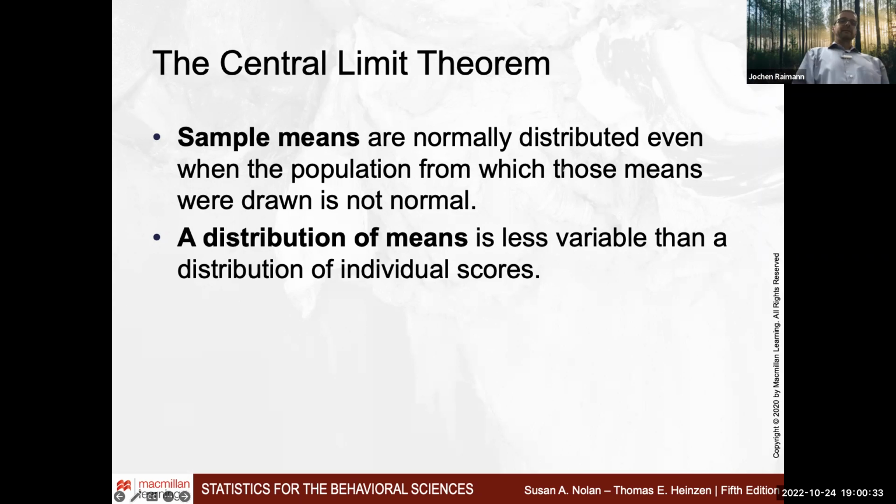And this distribution of the sample means will be normally distributed even if the population is not, because it's just means, right? So you have a distribution of the sample means.